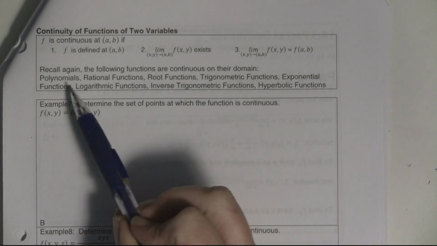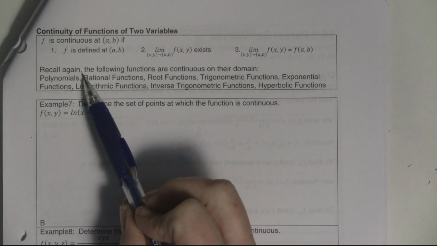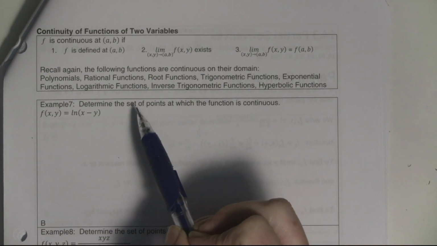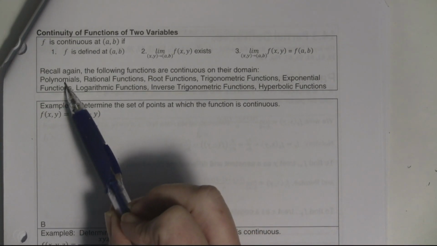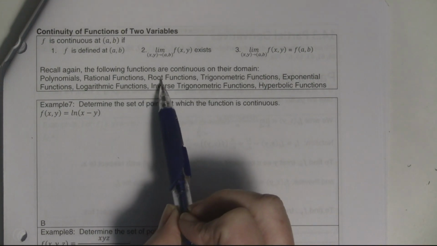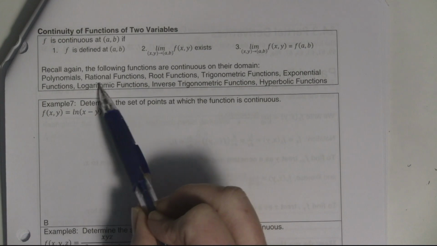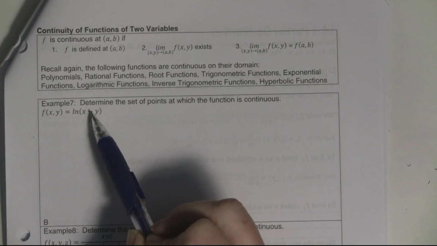I don't know if you guys remember that there's certain functions that are continuous on their domain. So it's just a matter of finding the domain: polynomials, rational functions, root functions, trig functions, exponential functions, logarithmic functions. That's the one I got right here.